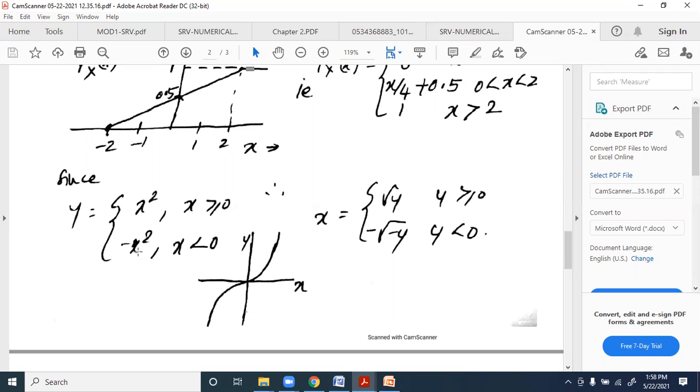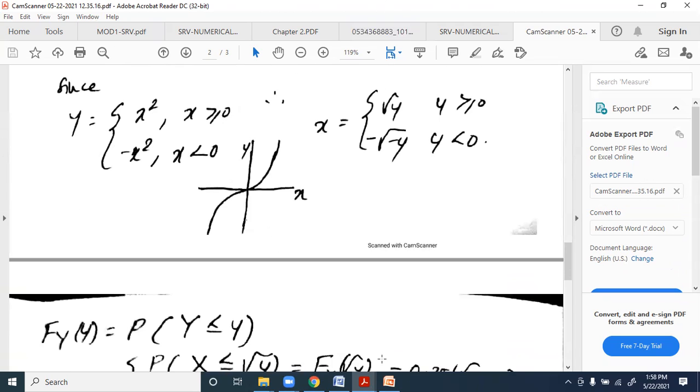But we should take the negative value because here the value of x is negative, as well as y is negative. So therefore, we are taking here plus root y, and here minus of root of minus y for all the values of y less than 0.